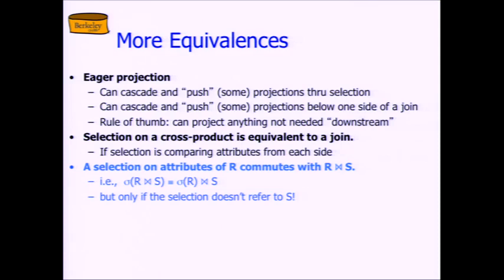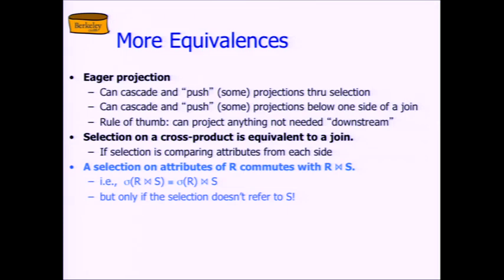If you have a selection that's more complex, let's look at another example. A more interesting example might be, take this join of R, S, and T, and I want a selection with R dot A equals 4 or S dot B equals 6.